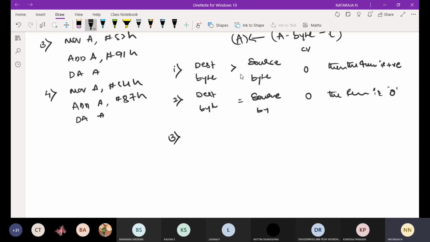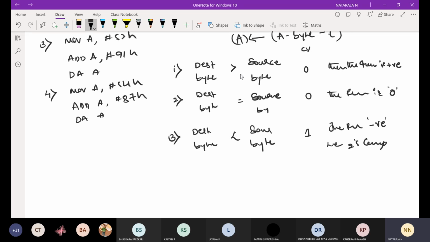In the third case, destination byte is less than source byte. The carry flag will be 1. The result is negative. At that time, we need to go for 2's complement.